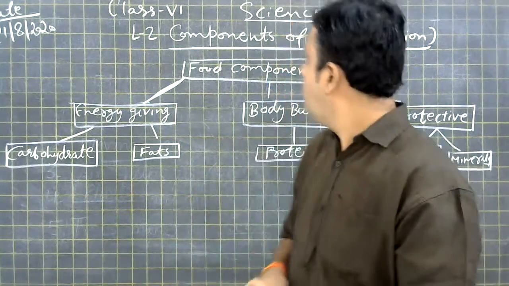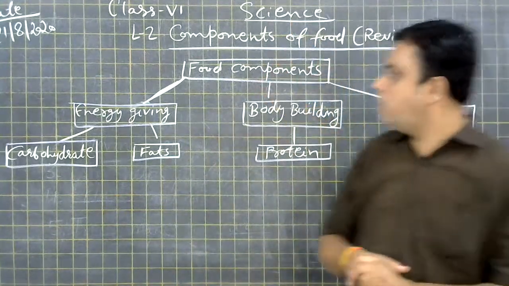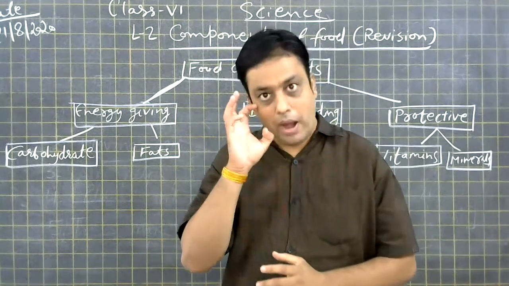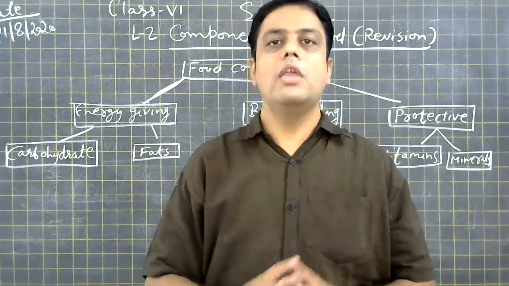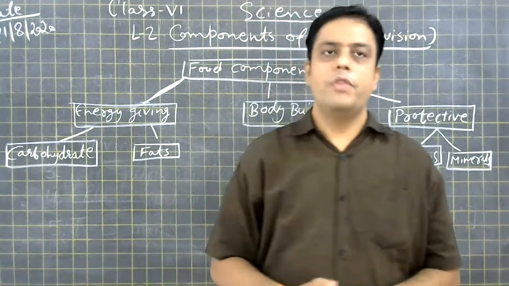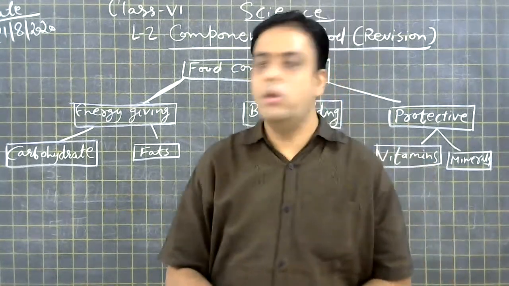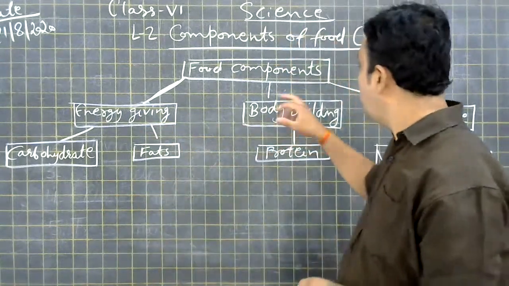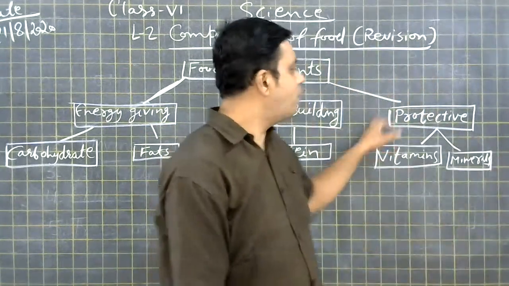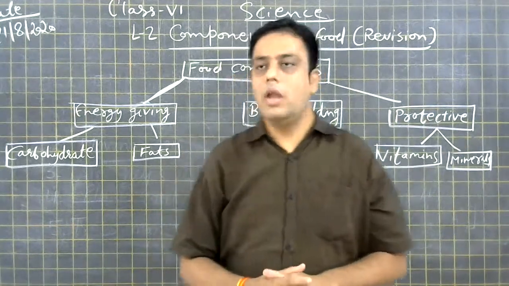So, particularly, the components of food we can divide in 3 parts. There are 3 types of nutrients in the food. First one is energy giving nutrients. Second one is body building nutrients. And third one is protective nutrients.